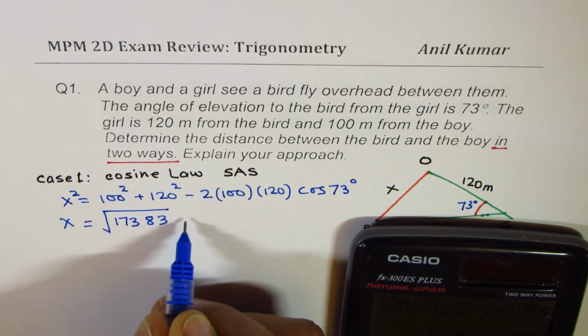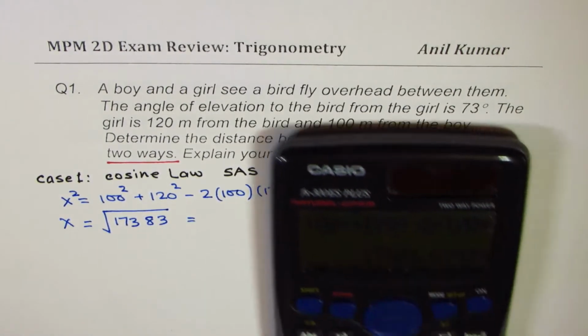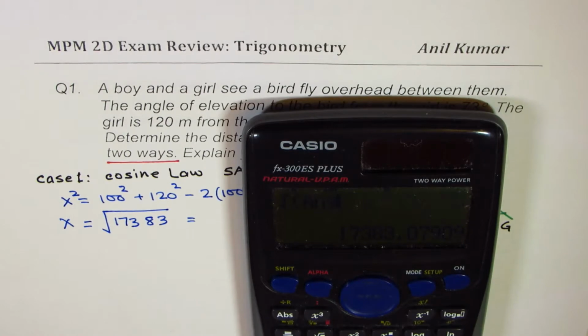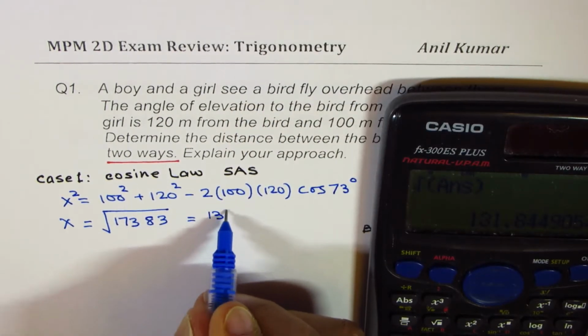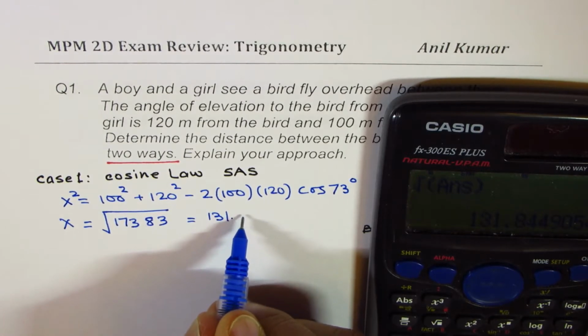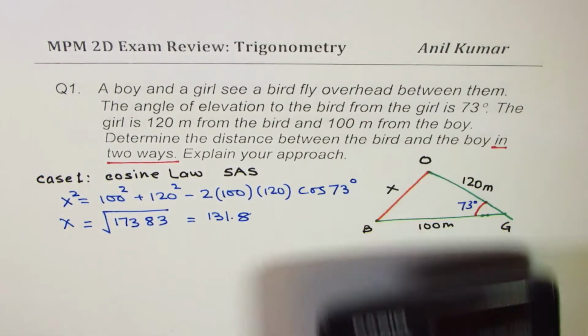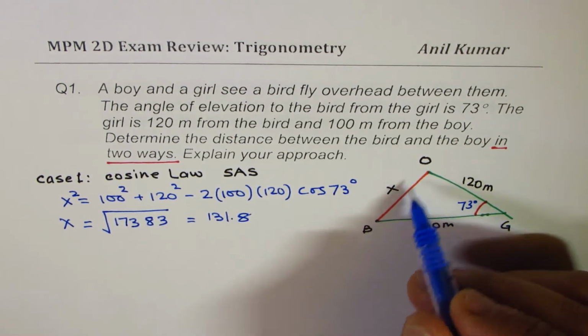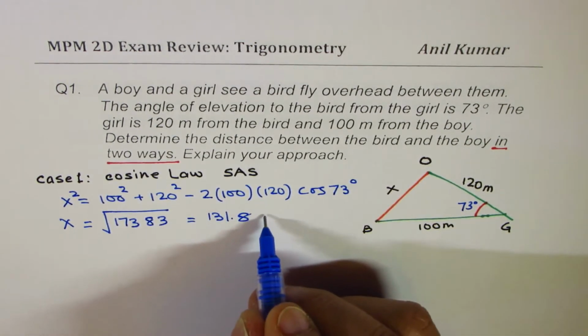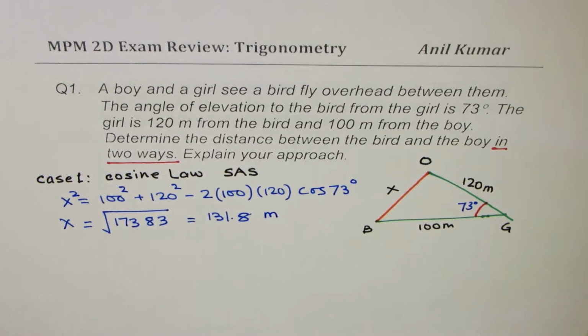So we are saving some time. Square root of our answer is equal to 131.84, so we'll write 131.8. So we got the distance of the boy from the bird as 131.8 meters. Perfect. With cosine law, it's very simple, as you can clearly see here.